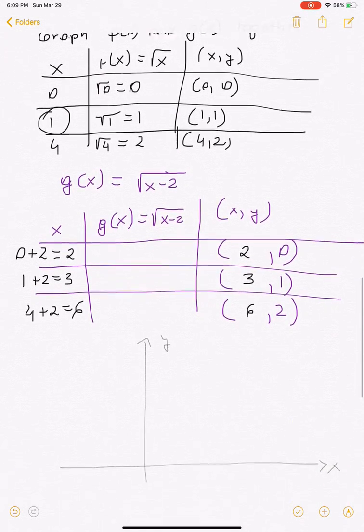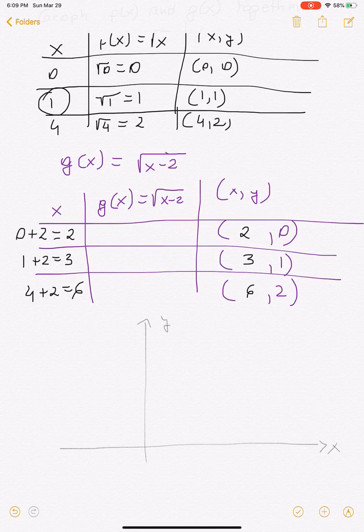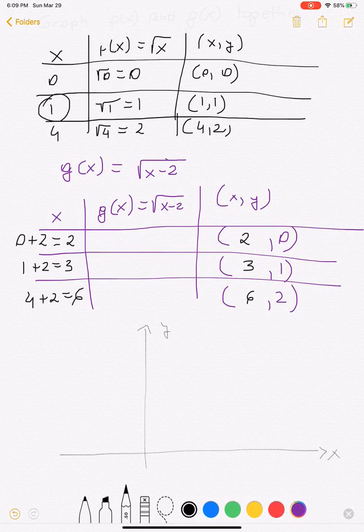Again, in black it's the original graph, which is just square root of x. So we have a point 0, comma 0. Next point is 1, comma 1. And the next point is 4, comma 2.